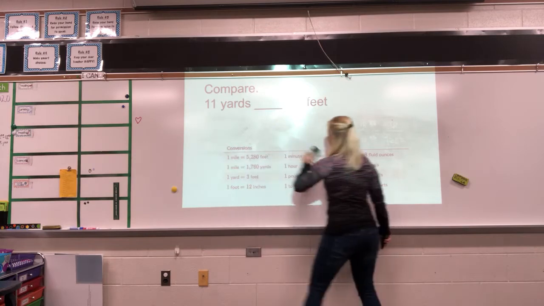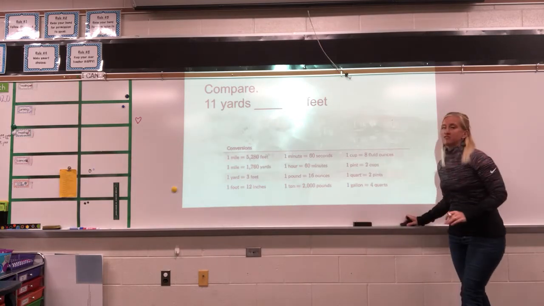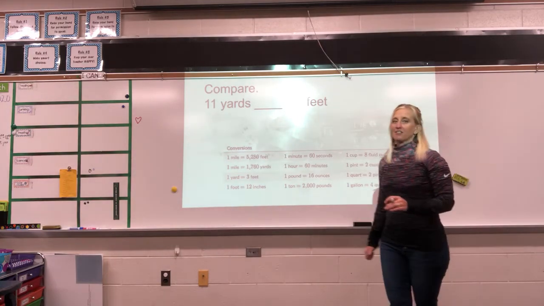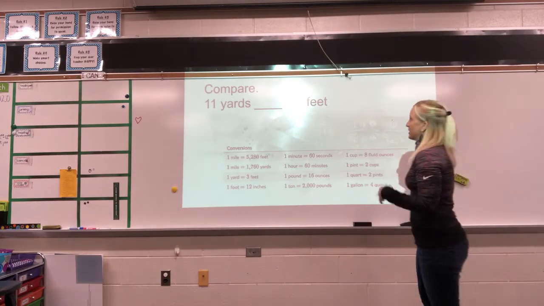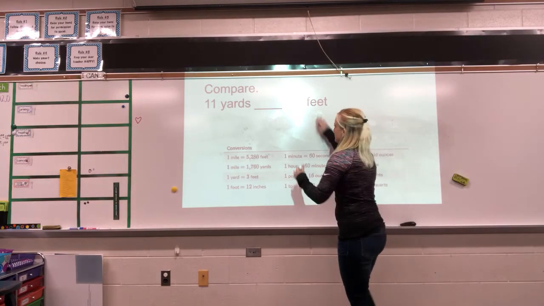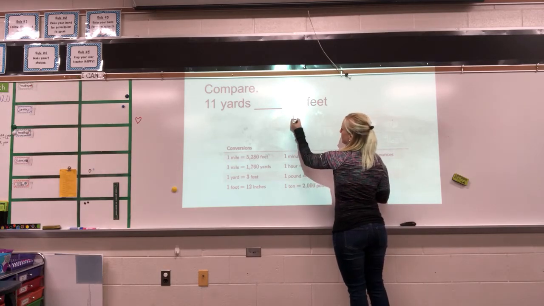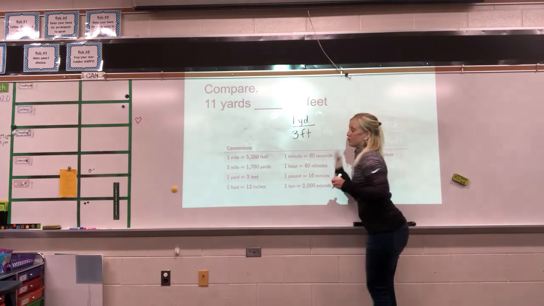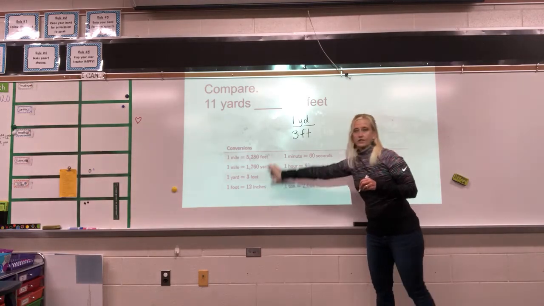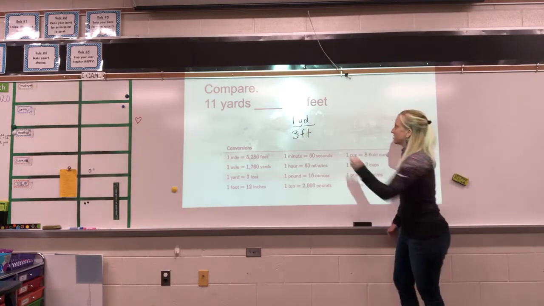Again, we're comparing 11 yards and 51 feet. Hit pause and try it, come back when you're ready for the answer. Okay, so again, for this one, feet is going to be my smaller unit. So 1 yard is 3 feet. Okay, and again, if we're not sure on those, remember we can look down here in the conversion chart and they'll tell us.